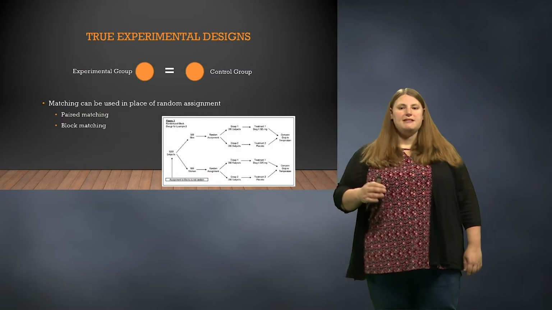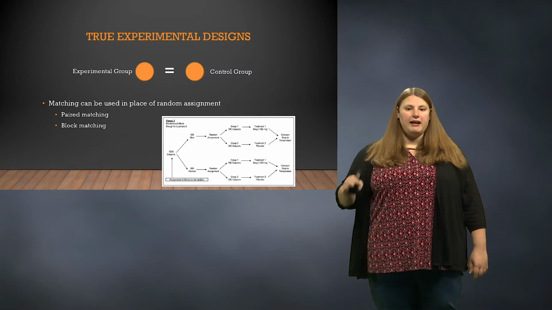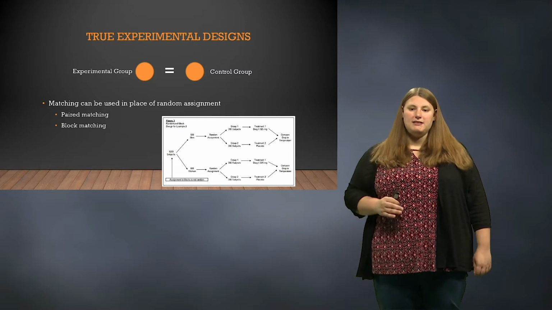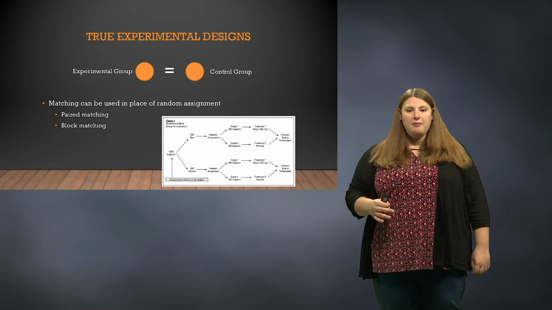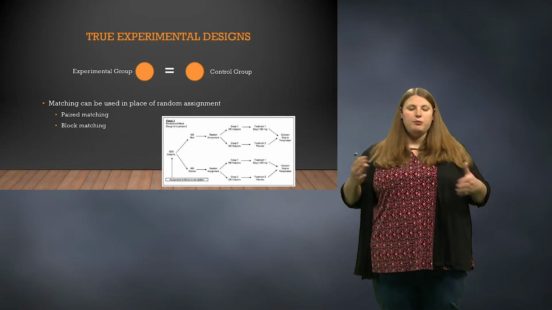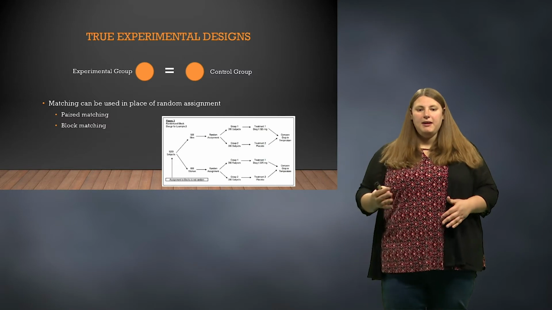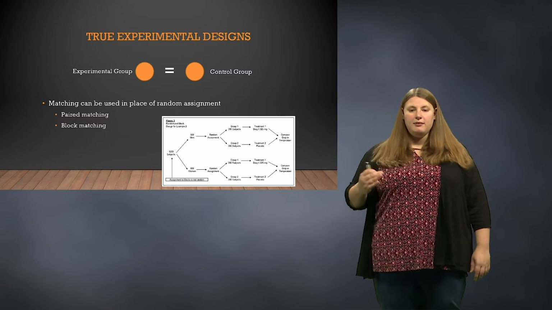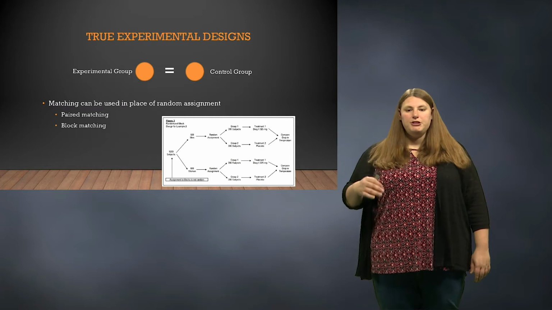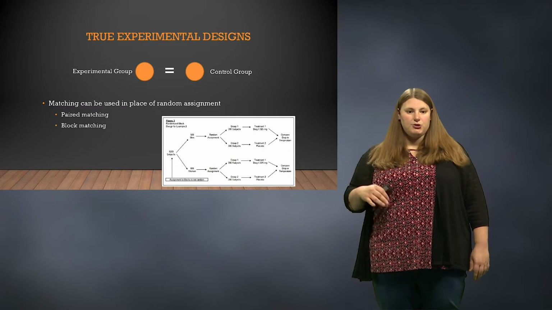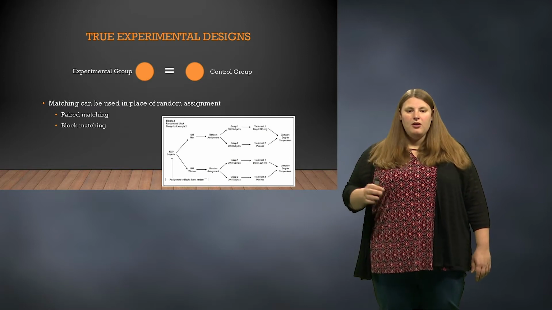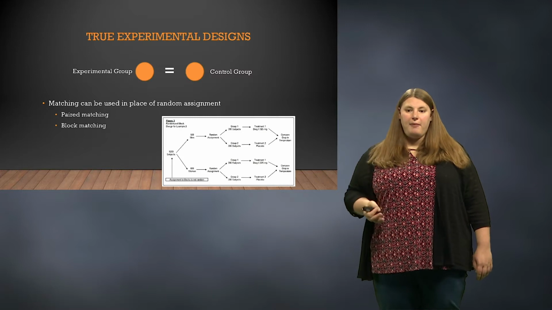The goal of random assignment is that we want the experimental and control groups to be as similar as possible. By using random assignment, we ensure that those two groups will resemble one another to the best of our abilities. However, in some cases, we can use a non-random assignment process in order to achieve the same equality between control and experimental groups. One such method is called paired matching.